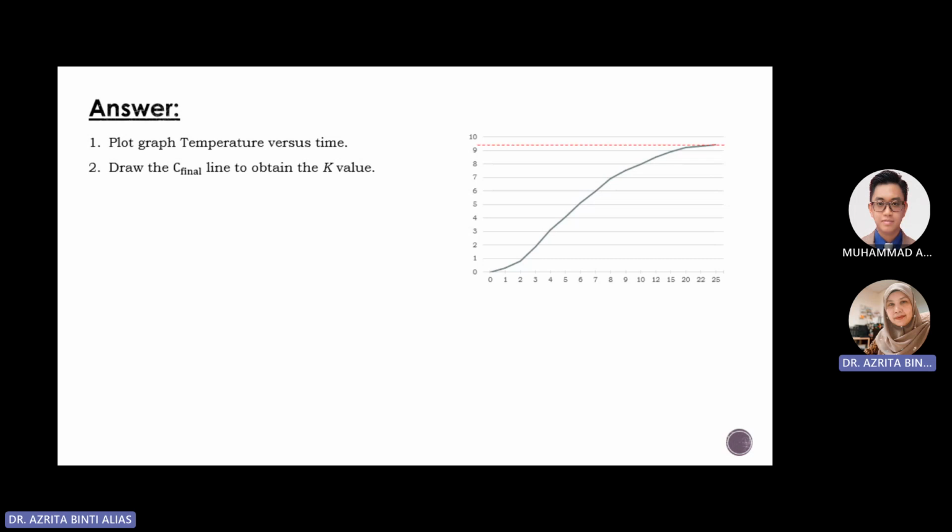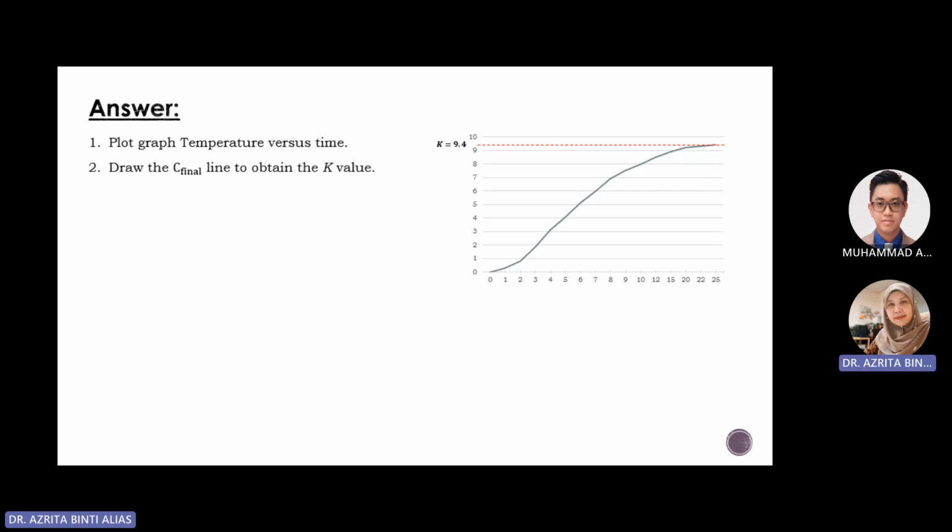From here, we can obtain that our K is equal to 9.4. If your answer is 9.5 or 9.3, we can still accept. So I put my value of K equal to 9.4.